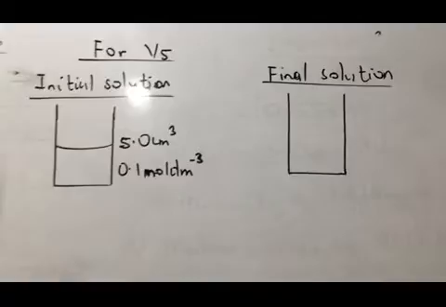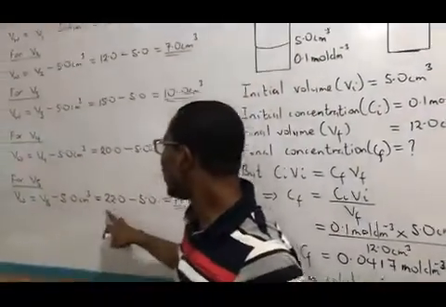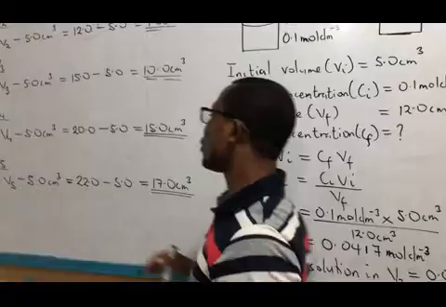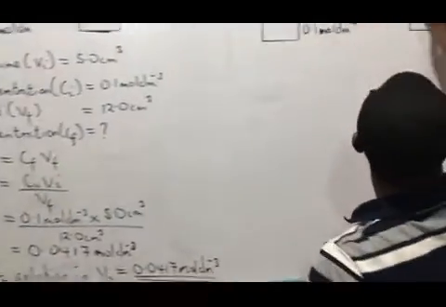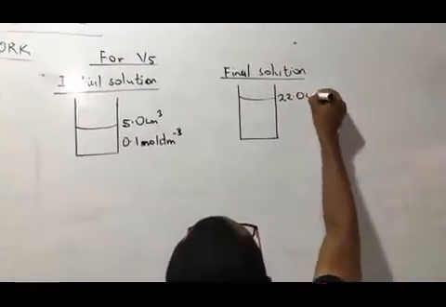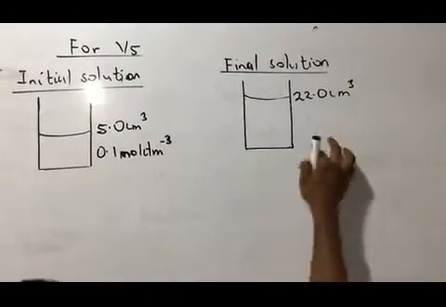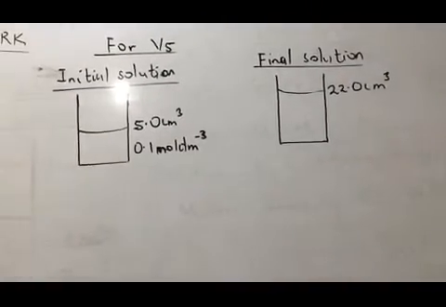So for V5, the volume is 22.0 centimeter cube. So we don't know the concentration, and that's what we have been asked to calculate.